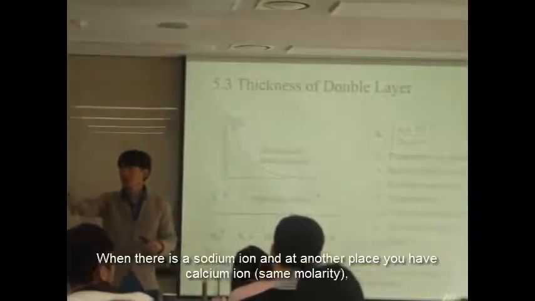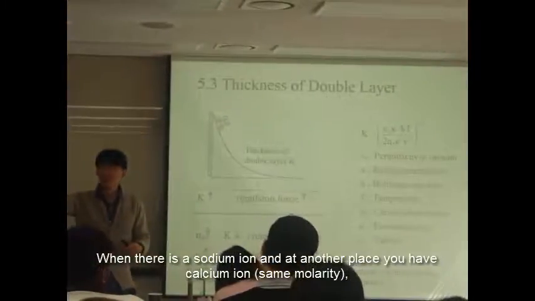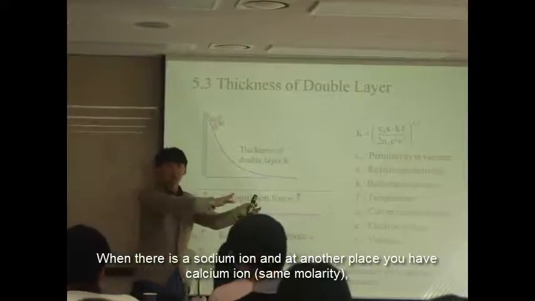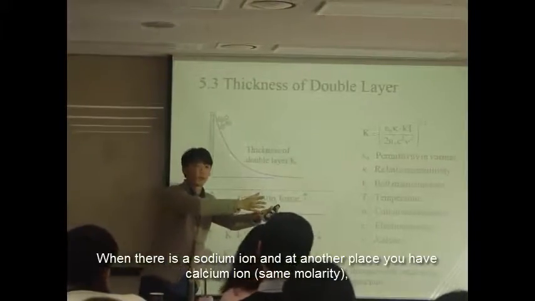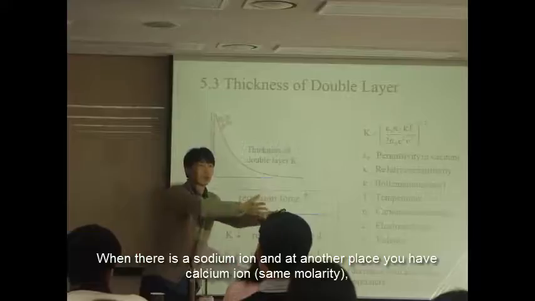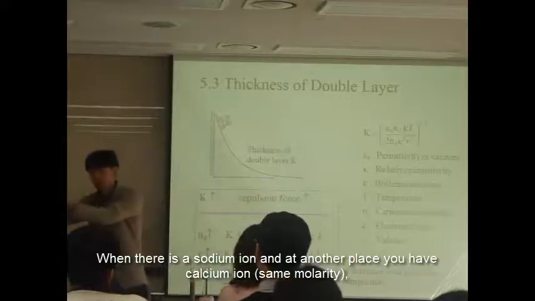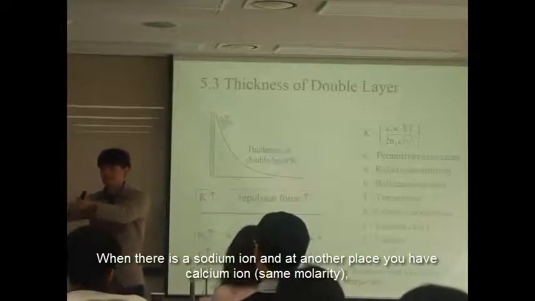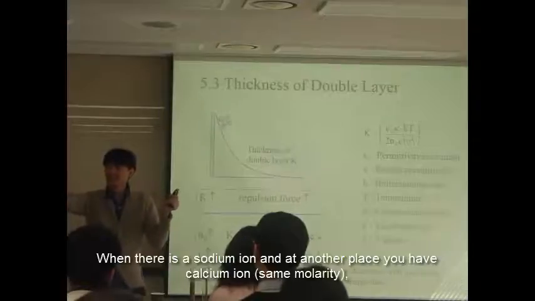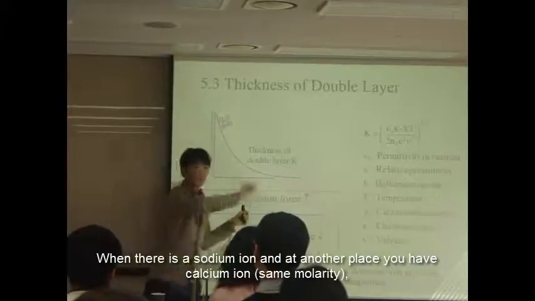This can also be related to the valence. When there is a sodium ion, with the same molarity, you may have a calcium ion. This is 2 plus, this is 1 plus. One calcium ion compensates two sodium ions.